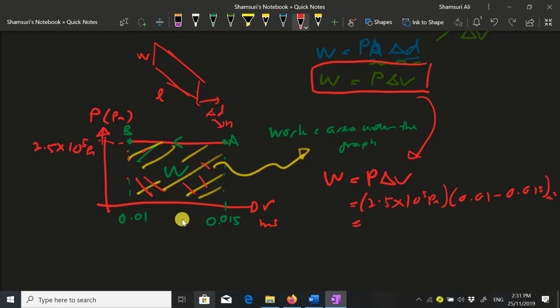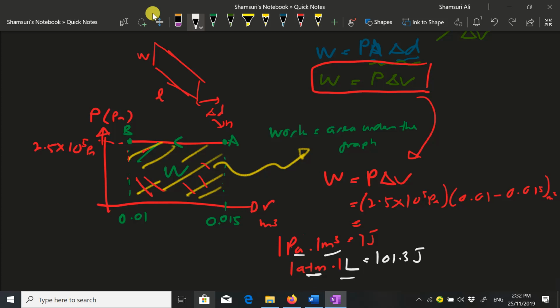Okay, and then we get the value. We have to know that 1 Pascal times 1 meter cube is equal to 1 joule. So 1 ATM times 1 liter, the ATM times the liter is like the Pascal times the meter cube, which is 1 joule.